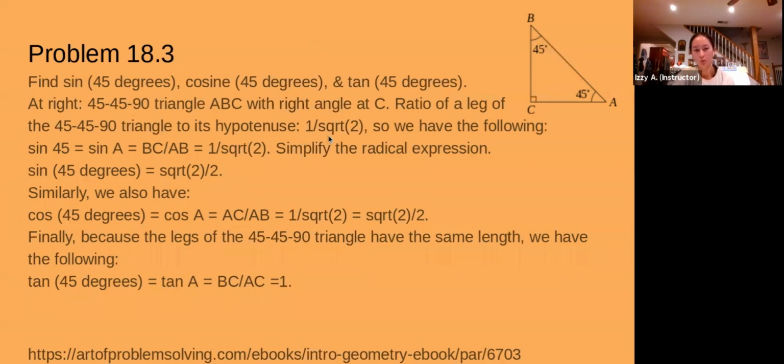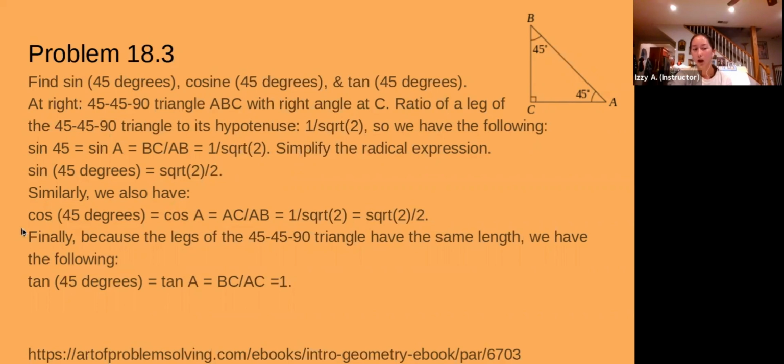So the ratio would be 1 over square root of 2. Then sine of 45 degrees, which would be equal to sine of A, would be BC over AB, and that would be 1 over square root of 2. If we simplify the radical expression, we would eventually get square root 2 over 2.